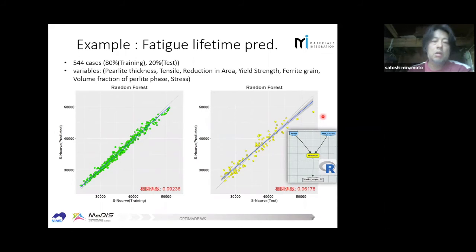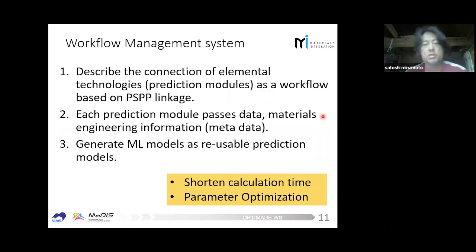Okay, so we made the workflow management system in order to shorten the calculation time or parameters optimization. In the workflow management system, all the elemental technologies are connected with the vocabulary information based on the PSPP linkage.